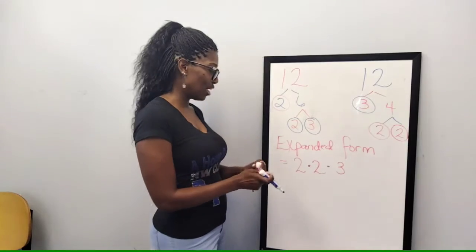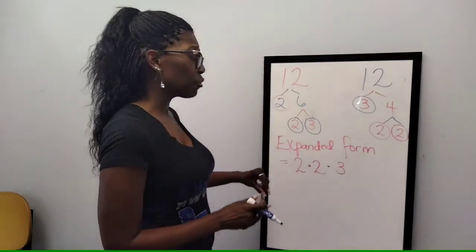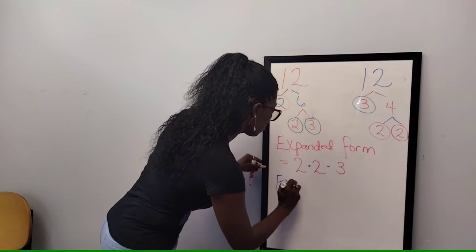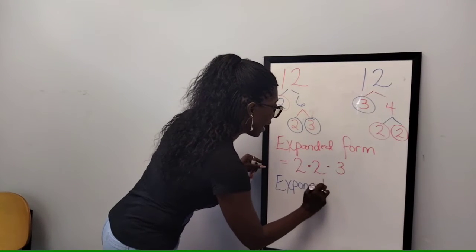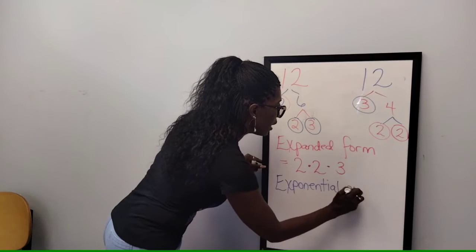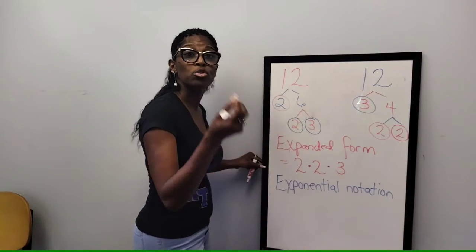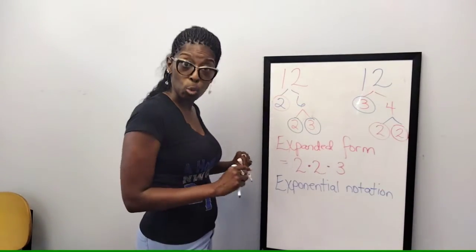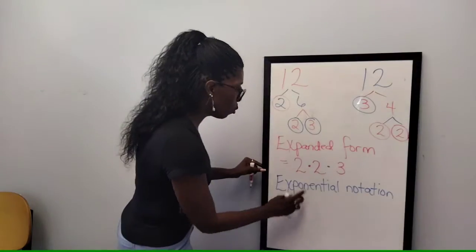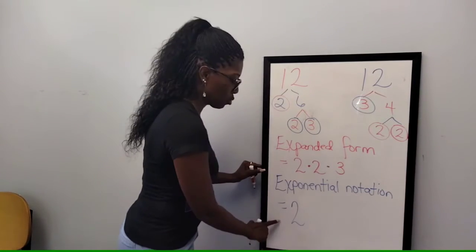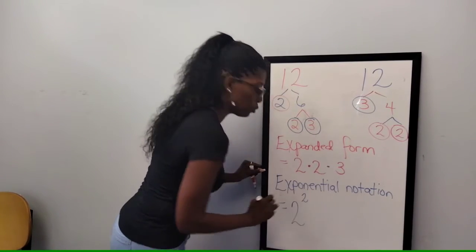But we're not finished yet. After doing expanded form, you're going to do exponential notation. Exponential notation is basically telling you how many of that specific number were circled. So there were two 2s, so you're going to do 2 with the exponent of 2.